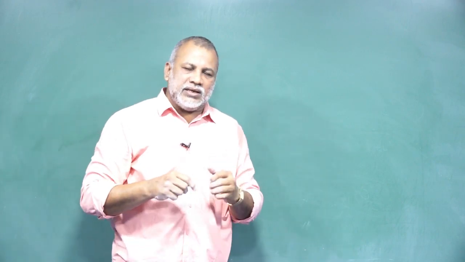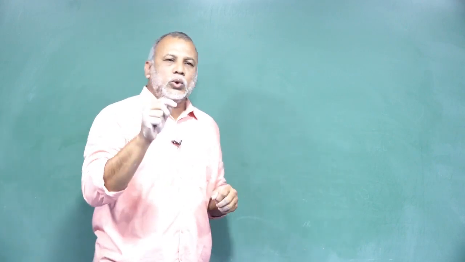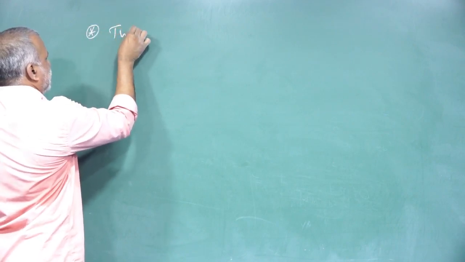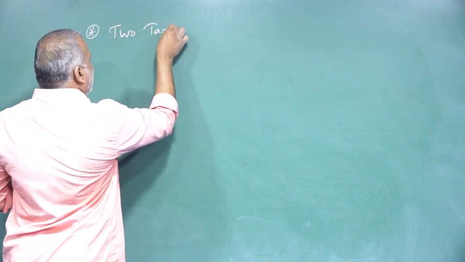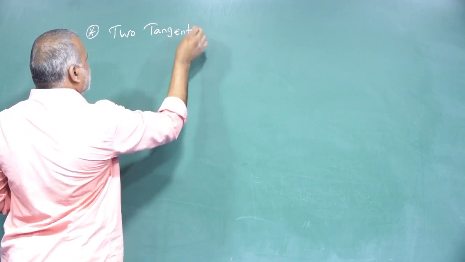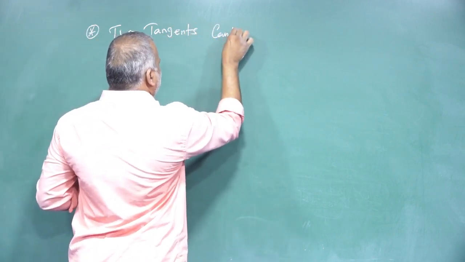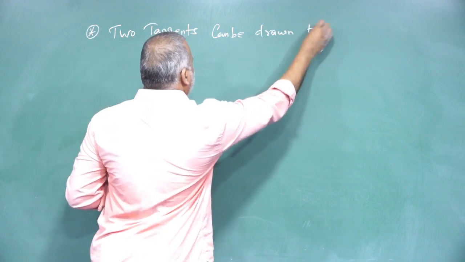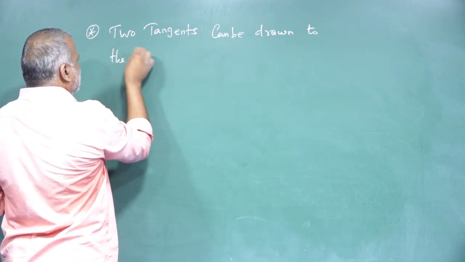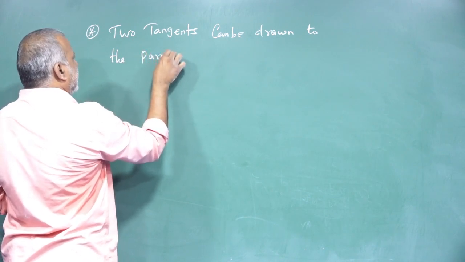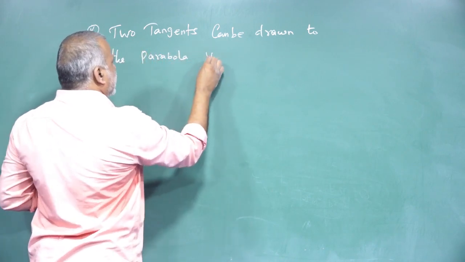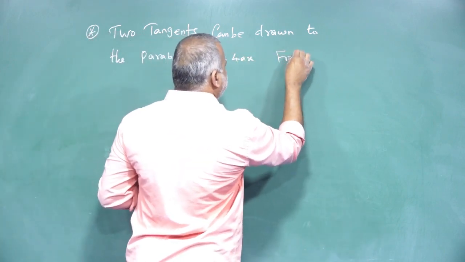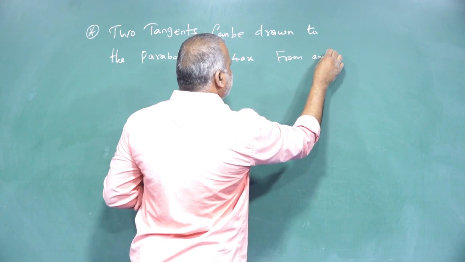Then the next theoretical concept is two tangents. This is the next theoretical concept. Two tangents can be drawn to the parabola y squared equal to 4ax from any point.